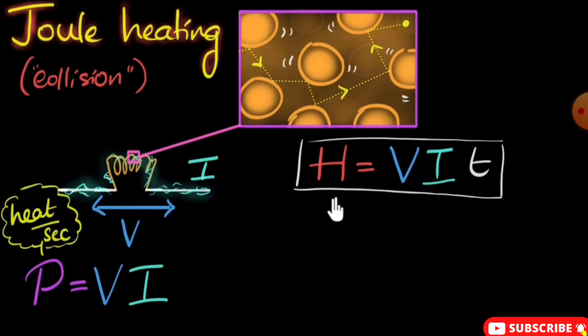The formula also says more voltage means more heat. Why is that? Well, remember, voltage is potential difference, which is an indicator of how much potential energy these electrons have. And so more voltage means they have more energy.